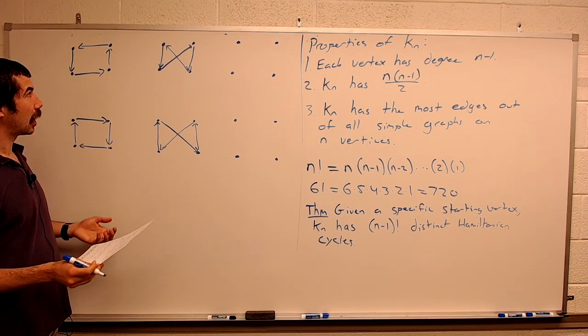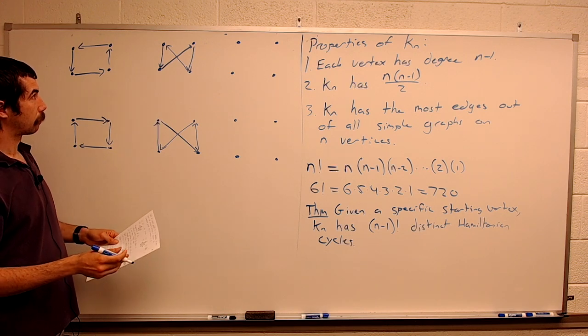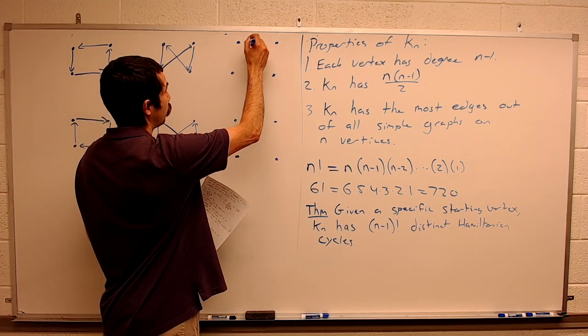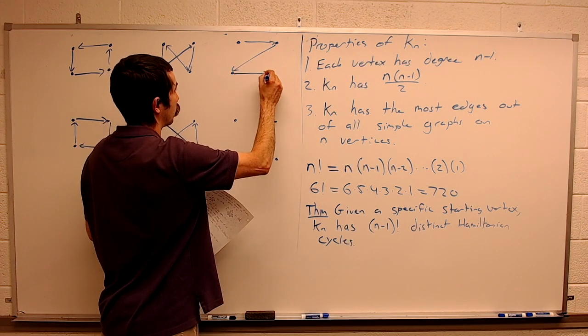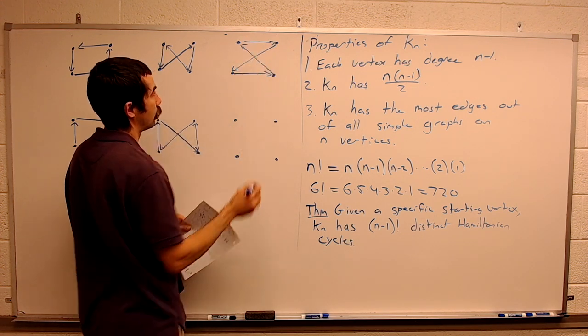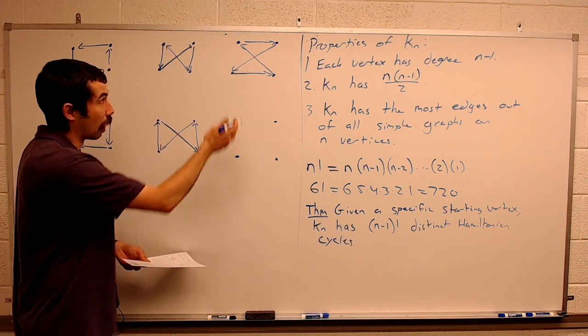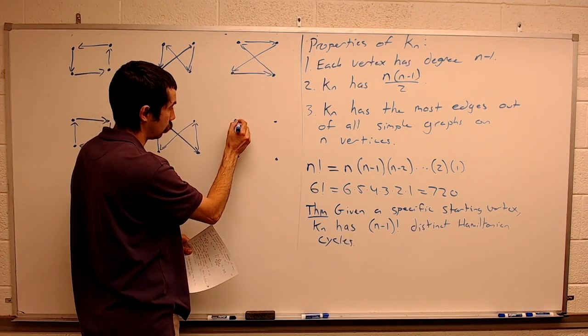Okay, and then there's one last cycle, which we could go this way, diagonal here and here, and then we could obviously go in reverse.